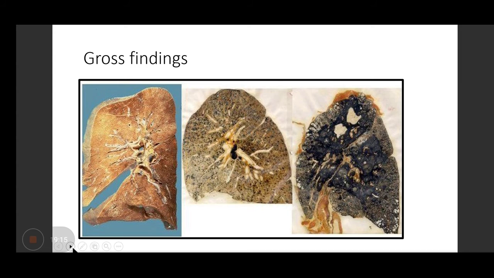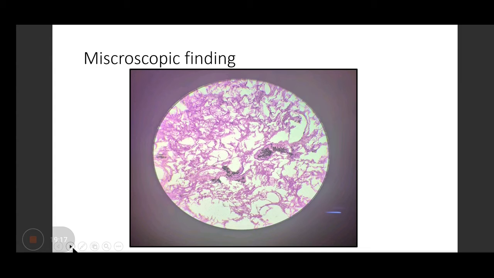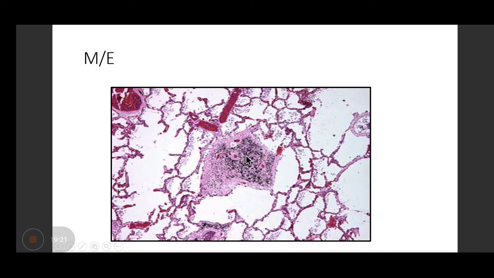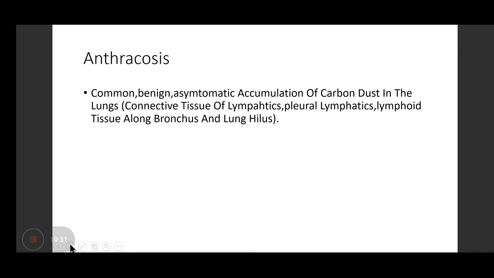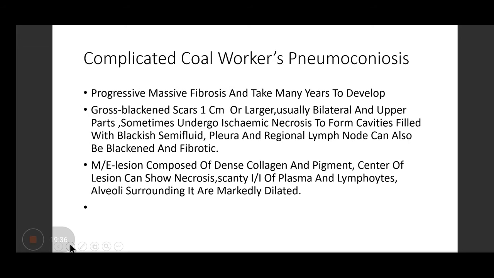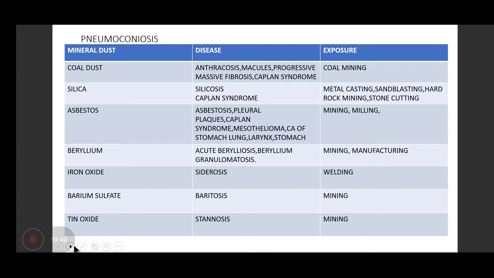Microscopic finding: in this, the alveoli are dilated, there can be destruction, and there is accumulation of carbon pigments. So from mineral dust, we already discussed coal dust.